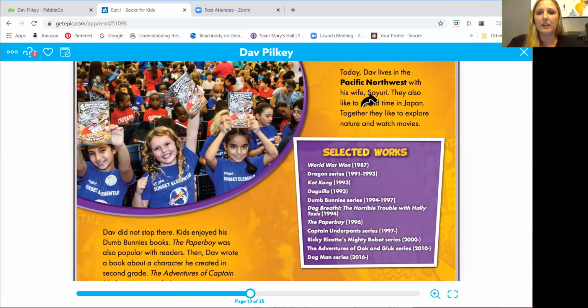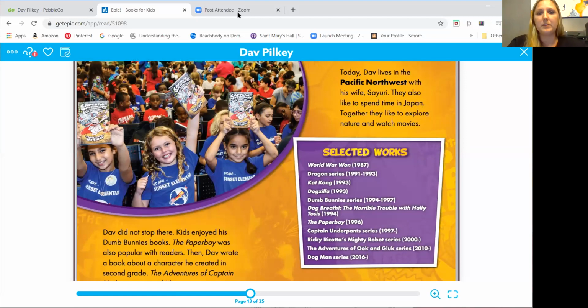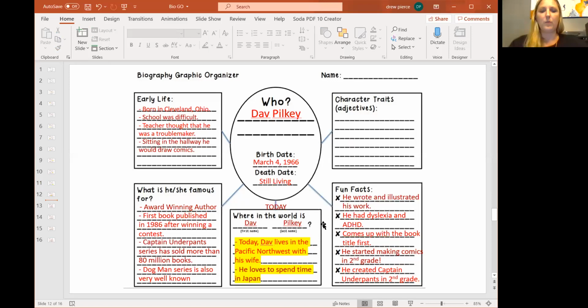And so right here, it kind of talks about that he's living in the Pacific Northwest with his wife, and he spends a lot of time in Japan. So that information is what I can add to where in the world is Dave Pilkey today. And I kind of put today up there because that's what they're asking about. Where is that person today?